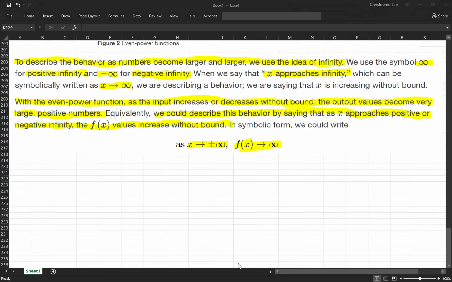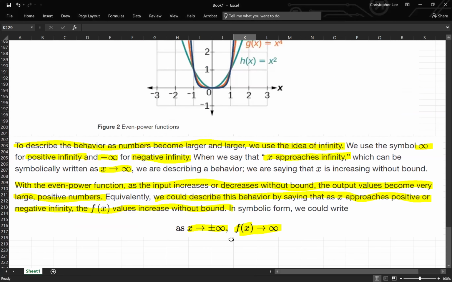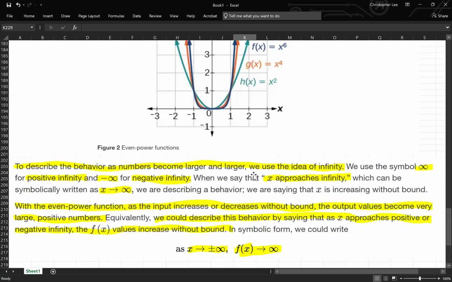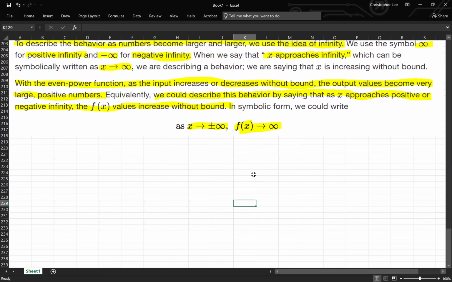To be honest with you, on the test, if this is a bit much to write out, I'll accept pictures for this. Basically what they're trying to say is, if I was looking at x squared or x to the fourth or whatever, and I asked you what the end behavior is, we don't know what the graph looks like, but for sure what we know is that it's going to have something like this going on.